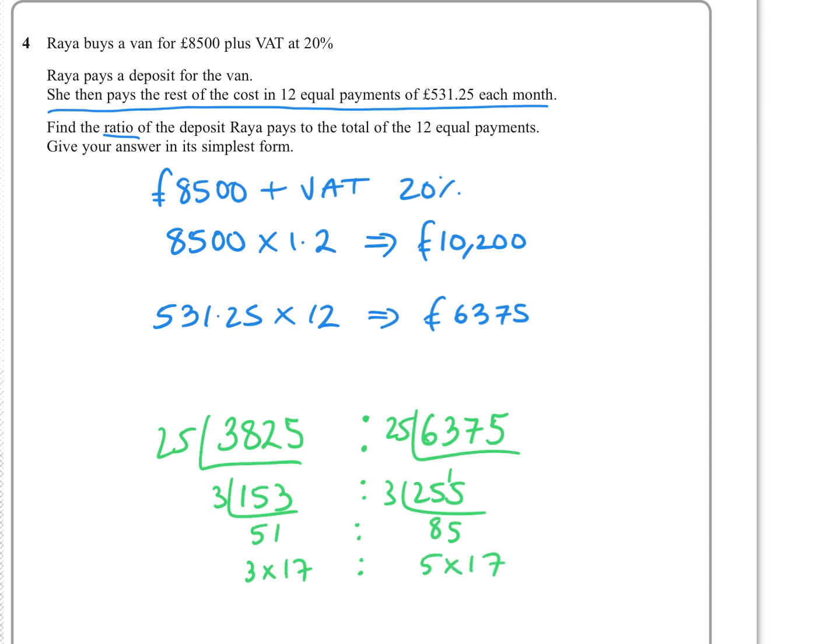So in this case, I can just cancel by 17, and I'd have a final answer of 3 to 5, which is the most simple form. You can probably do it as a unitary ratio as well, so one of them being 1 by dividing both sides by 3 in this case, and then you could probably get away with doing this as a decimal on your calculator as long as you put the recurring sign in, but this is my ideal answer here.